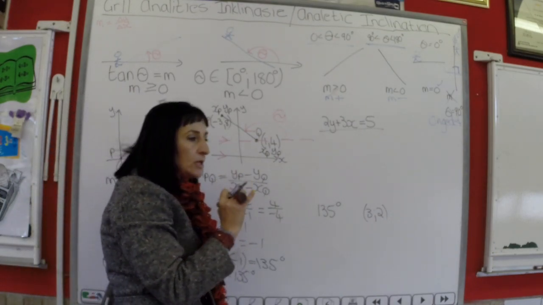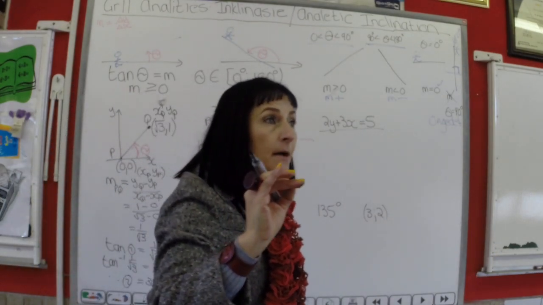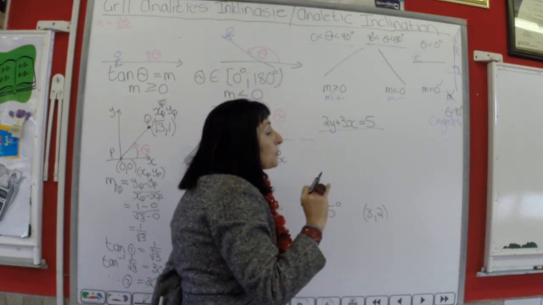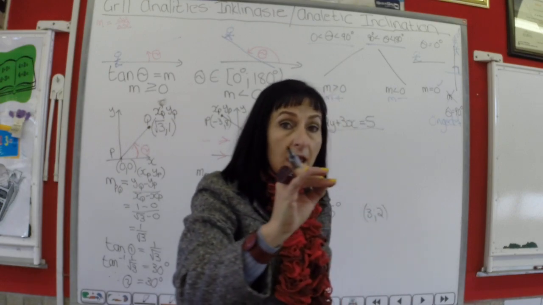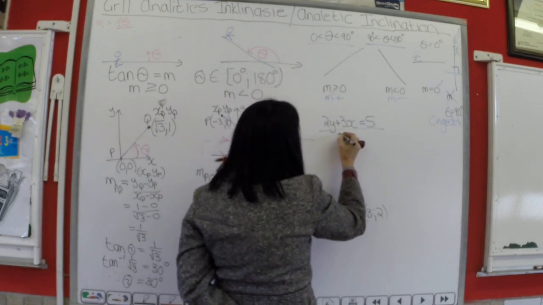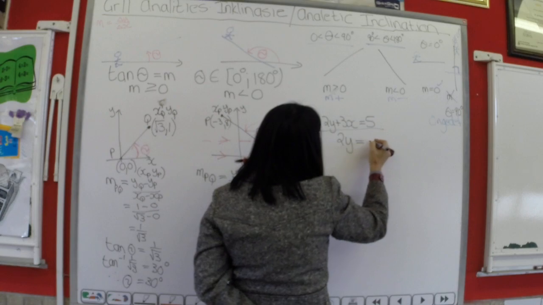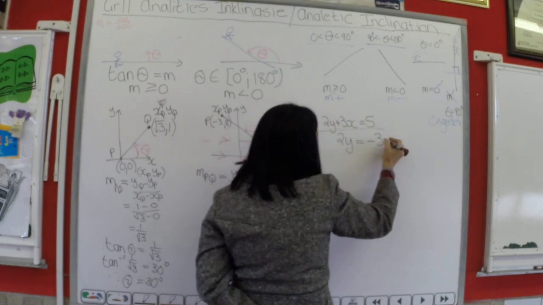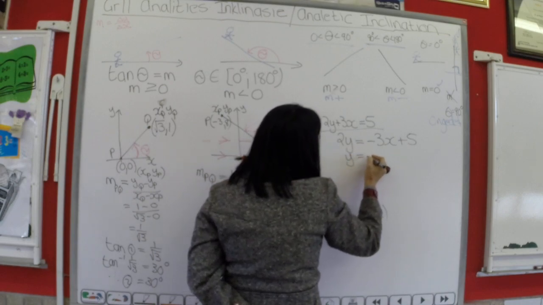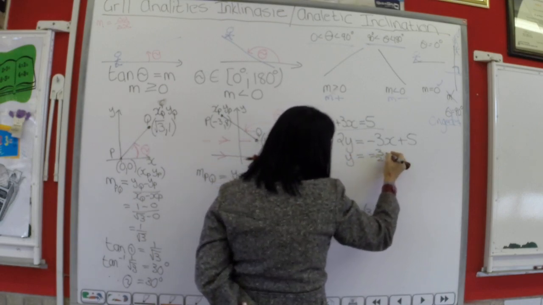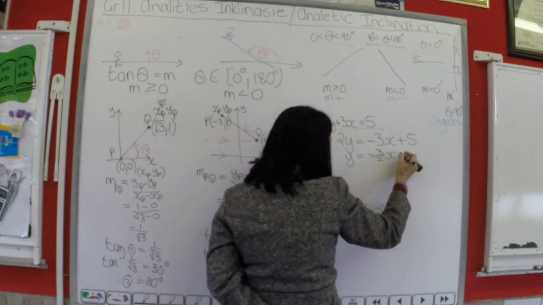So the first thing we need to do is to get the gradient. And to be able to get the gradient, we need to rewrite that thing into standard form. So ons hou vir y aan die kant. Take that to the other side of the equals 2. En ons gaan deel met 2 orals. If you divide with 2, one term, you must do it to all the terms.